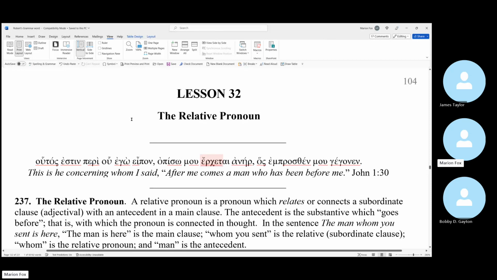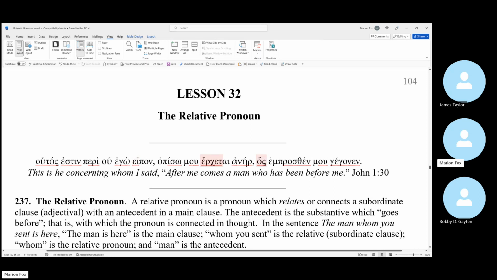All right. We have a sentence here in John 1:30. Hutos estin peri hou, there's a relative pronoun. Ego eipon, opiso mou erchetai aner hos, there's another one.